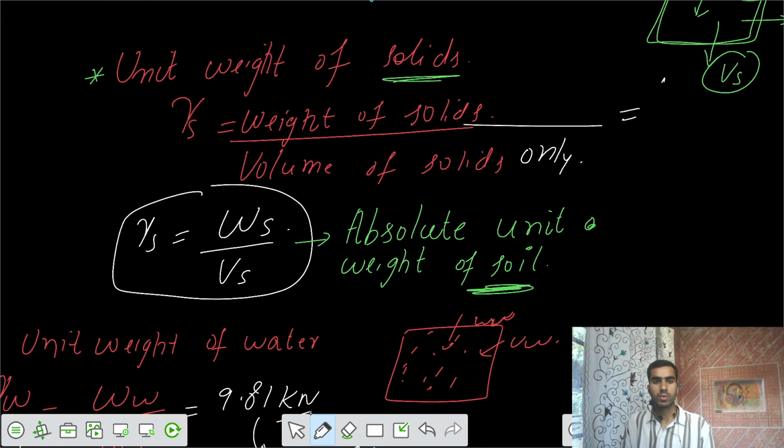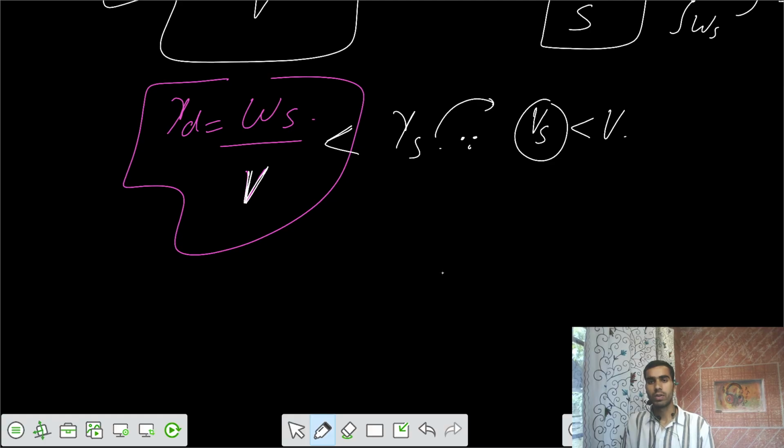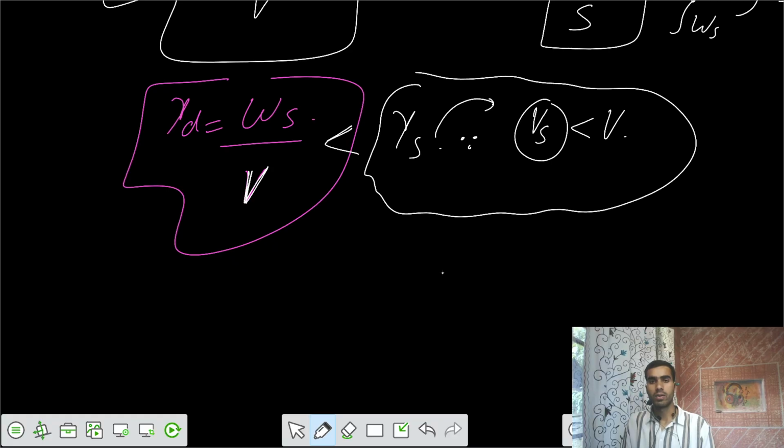That was Ws by Vs. But in this case we have Ws by capital V, the total V. So this would be lesser than gamma S, because in gamma S we divide by Vs, which is less than total V. So this is your gamma D, the dry unit weight of the soil: the total dry weight of the soil mass, which is the weight of the solids, divided by the total volume of the soil mass.